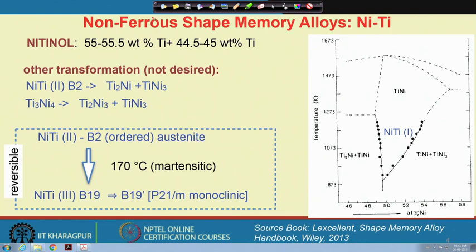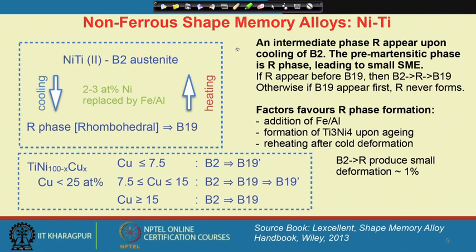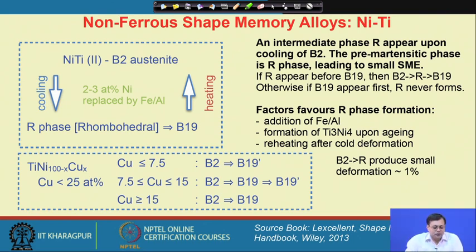And therefore, we have to look at how these transformation sequences are linked. So, let us have a look how this B19 or B19 dash phase forms, and whether there are some other phases formed or not.